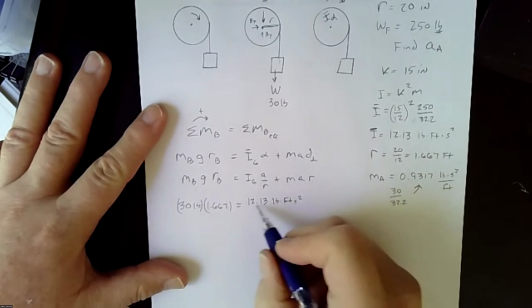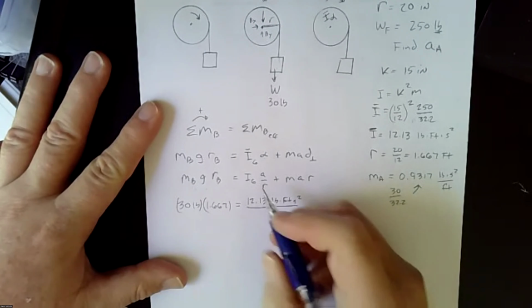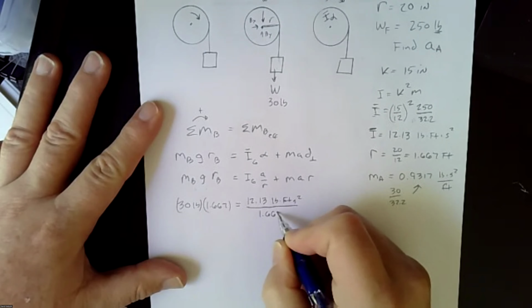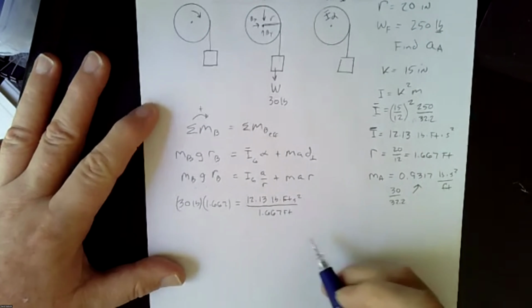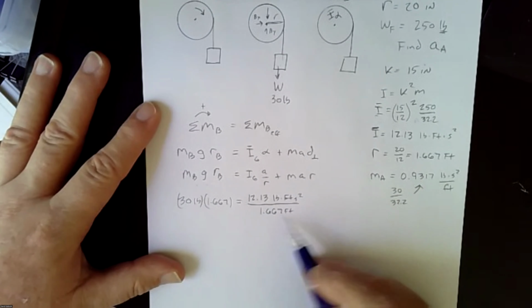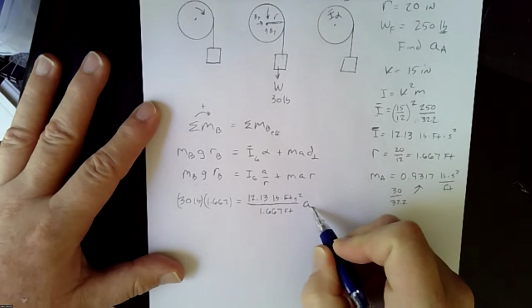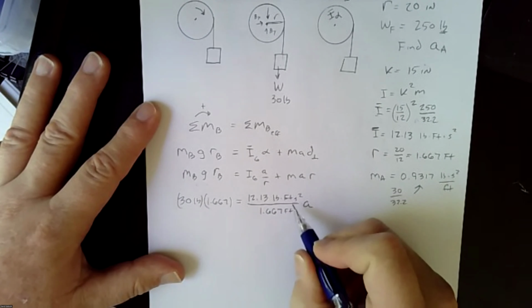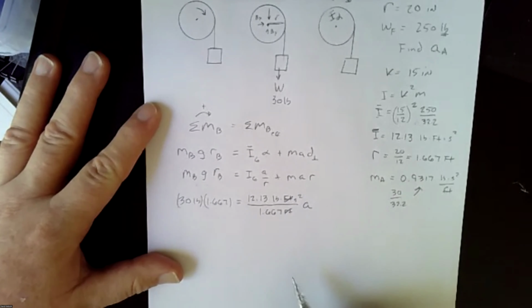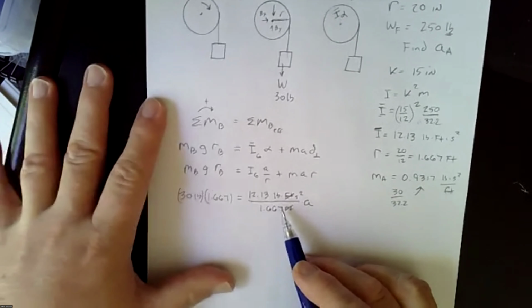And then I'll divide that by R, which was 1.667 feet, right? Because that's the radius. And then I'll move A out here. Okay. So feet cancel, and I end up with pound second squared.